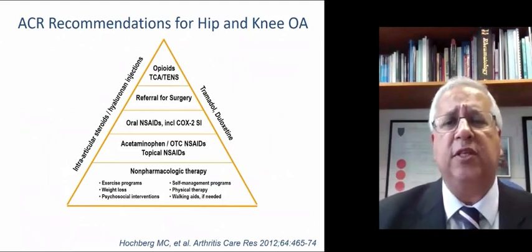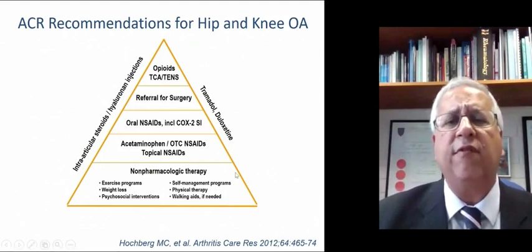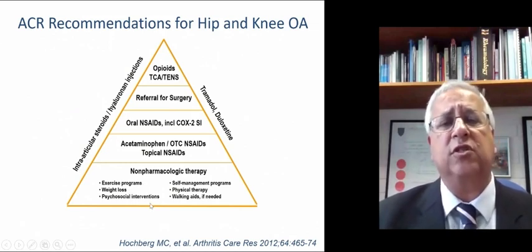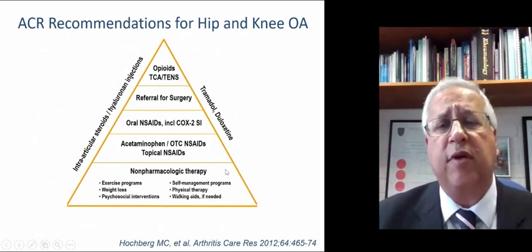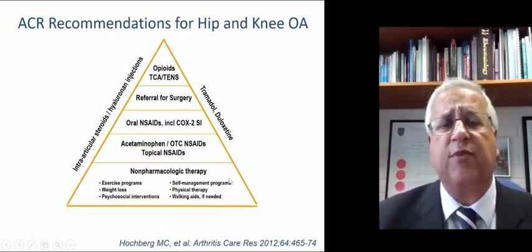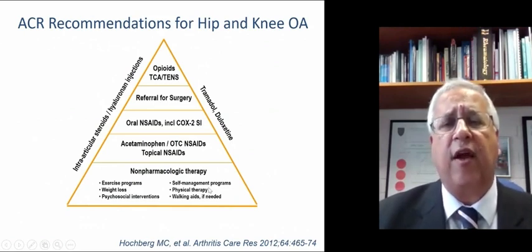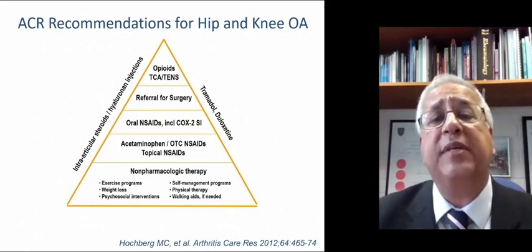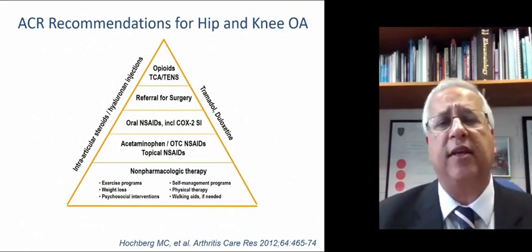So if we were to use the 2012 ACR guidelines, non-pharmacological measures, including exercise, weight loss, psychosocial interventions that you heard about from Dr. Enrotin just at the end there, self-management and self-efficacy programs, physical therapy and walking aids, a stick, perhaps patella taping for knee osteoarthritis.